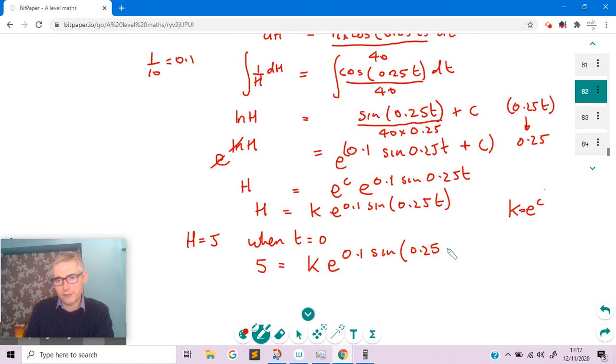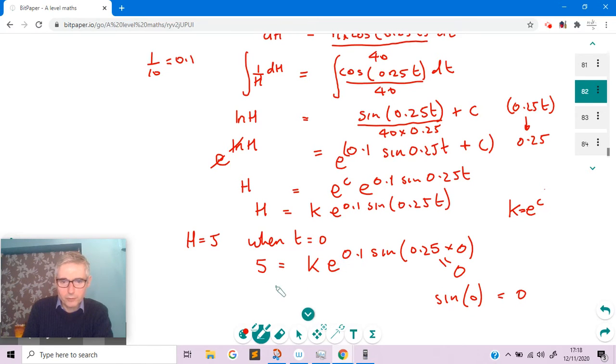And then just replacing the t by 0. And now, sine of 0.25 times 0, this bit here is going to equal 0. So sine of 0 is actually 0. Think about a sine graph.